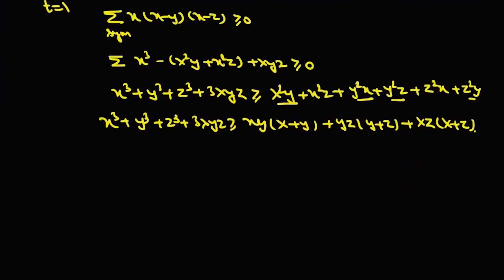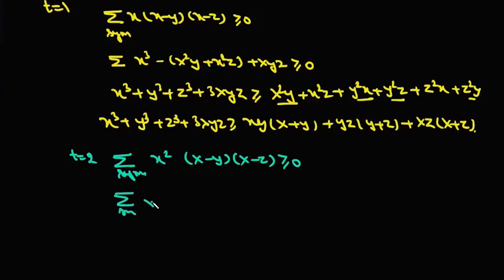And if we take t as 2, then it will be this symmetric sum of x square, and this is (x − y)(x − z), greater than or equal to 0.